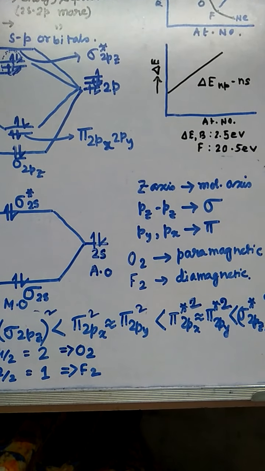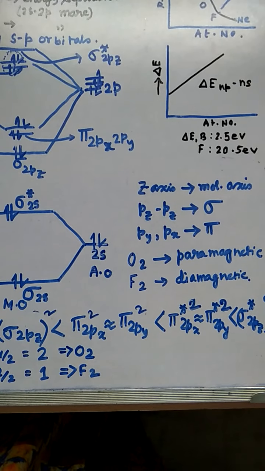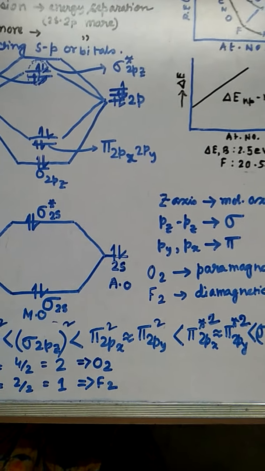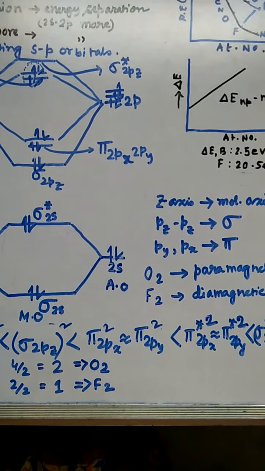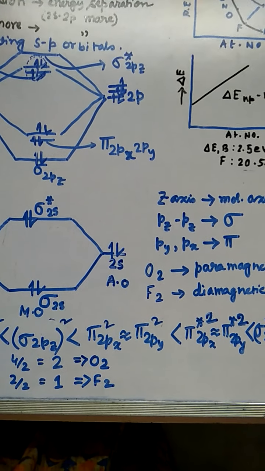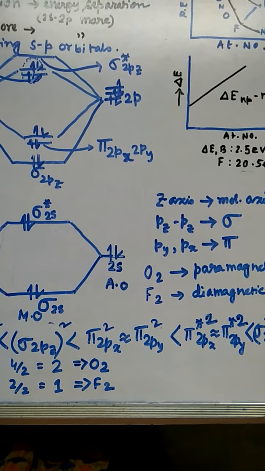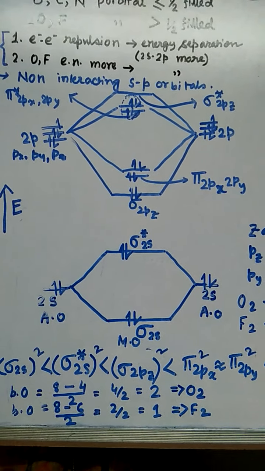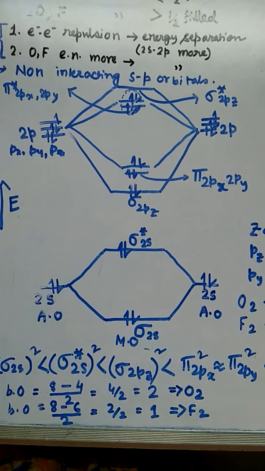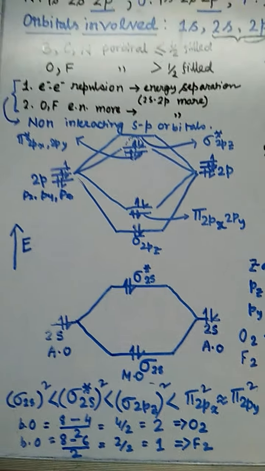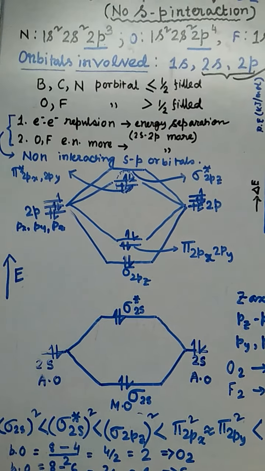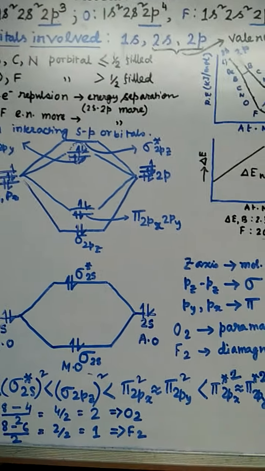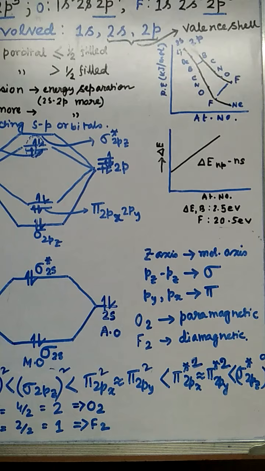And from this you will be able to draw the molecular orbital picture for O2 plus, O2 2 plus, then O2 minus or O2 2 minus, all species by subtracting or adding electrons. You will be able to draw the molecular orbital, calculate the bond order, and predict their magnetic character also.